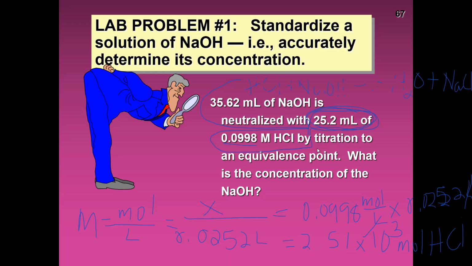And as you can see, for every one of these, we have one of those. So the answer is we have this many moles of hydrochloric acid, which is the same thing as the number of moles of sodium hydroxide. So all we now need to do is divide it by the number that they said they used.